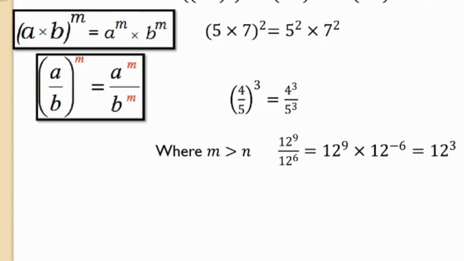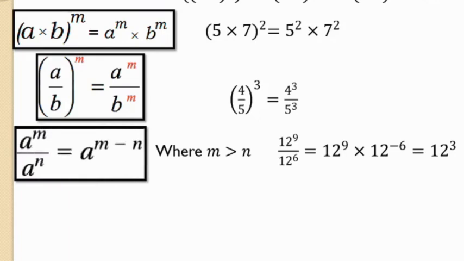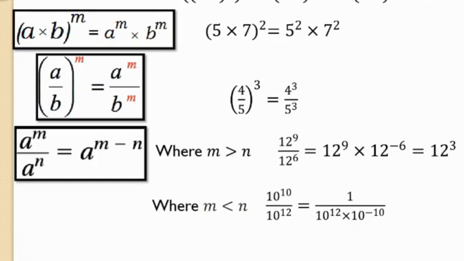So 12 power 9 I leave as it is, and 12 power 6, because it is in the denominator and I want to move it up to the numerator, becomes 12 to the power minus 6. Now I have the same base multiplied by each other, so just add the exponents. 9 minus 6 is 3, so the answer will be 12 to the power 3. To check, I can write it out and simplify, or faster, I can use the rule that says a to the power m over a to the power n: same base with division between them, so I have to subtract the exponents.